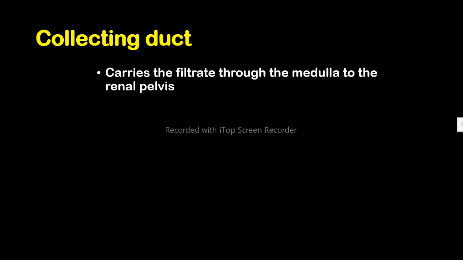Now the collecting duct carries the filtrate through the medulla up to the renal pelvis. You remember the structure of the renal pyramid that is connected to the renal pelvis through different calyces.